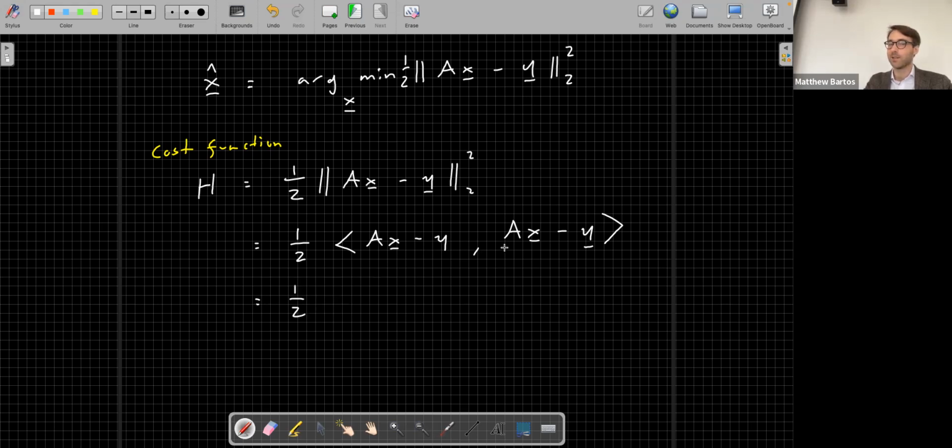Well, the inner product of ax minus y with itself is equal to the transpose of ax minus y times ax minus y. So if we take the transpose of this expression, we get x transpose a transpose minus y transpose, dotted with ax minus y.